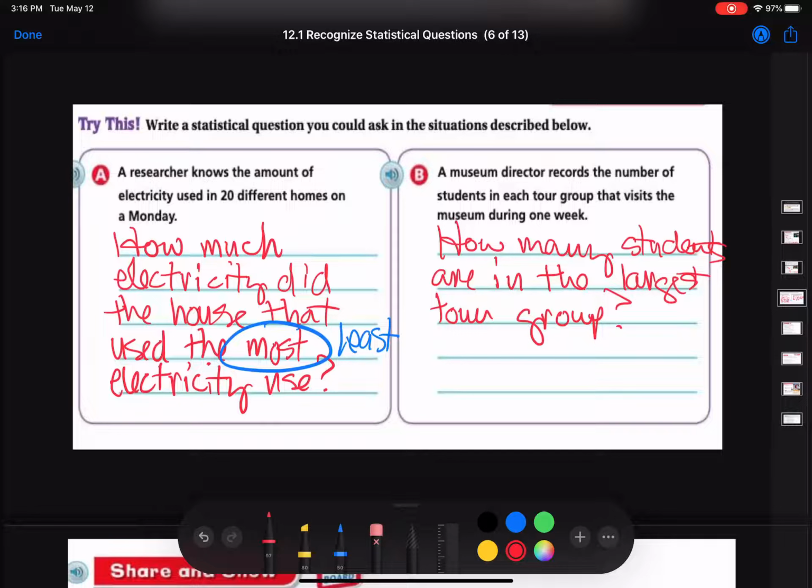Or like I said, you could change it to smallest tour group. So you're looking at all the tour groups, and then you're looking at a lot of data, and you're able to give an amount after you look at the data.